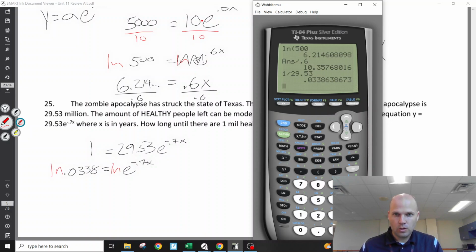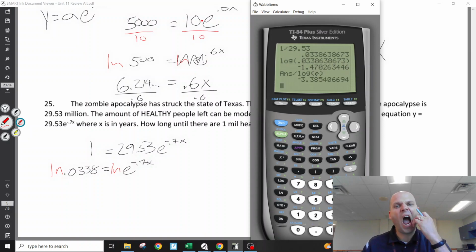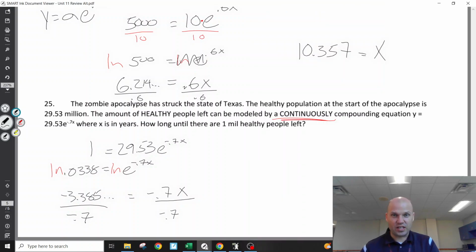You can do log of that number divided by log e, if this is how you've been doing it the entire time. Okay, we get this negative 3.385... equals negative 0.7x. Divide by negative 0.7, divide by negative 0.7. 4.836 years.